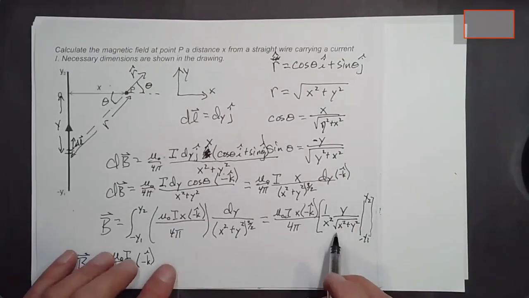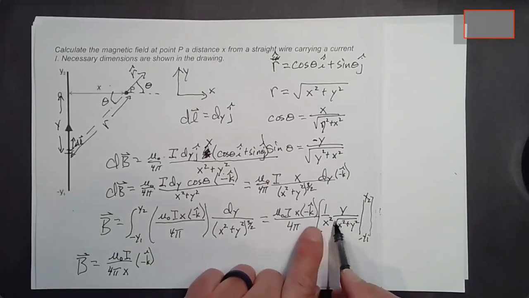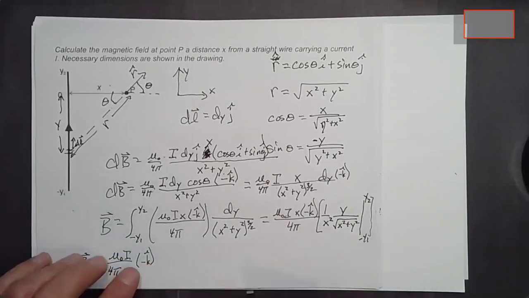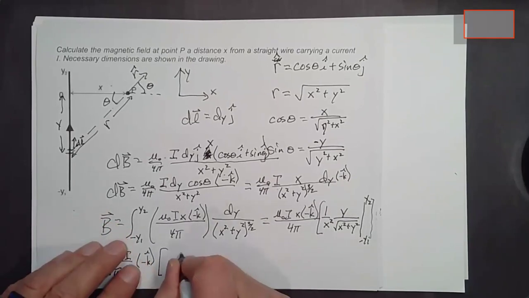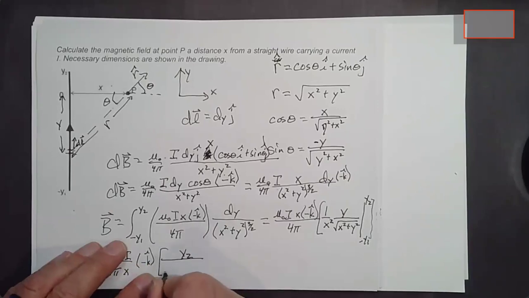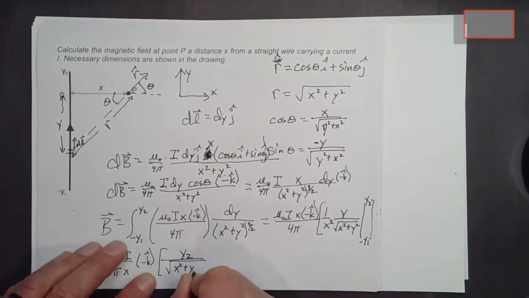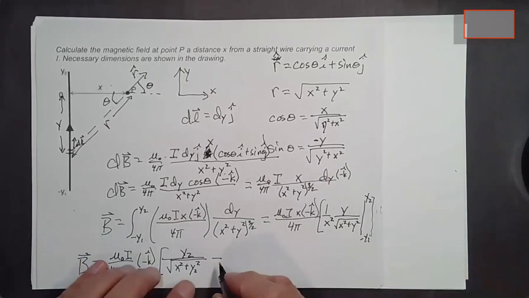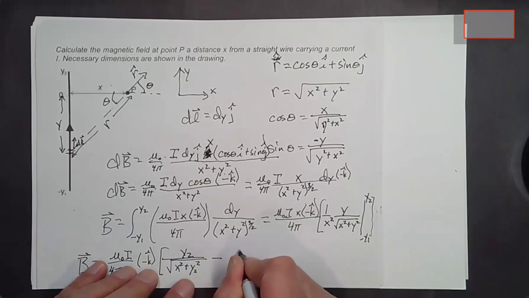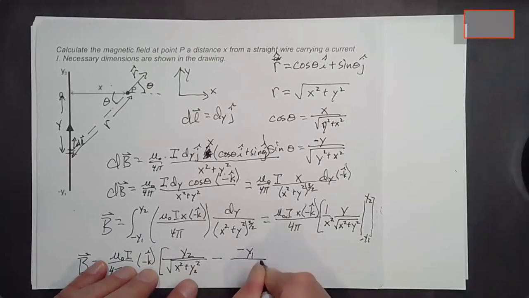All right, but now we have to evaluate this thing. I pulled the 1 over x squared out, and what I'll get out of this is y2 divided by the square root of x squared plus y2 squared minus, actually, it's minus a negative, so I'll go ahead and write it up here, minus y1 over the square root of x squared plus y1 squared.